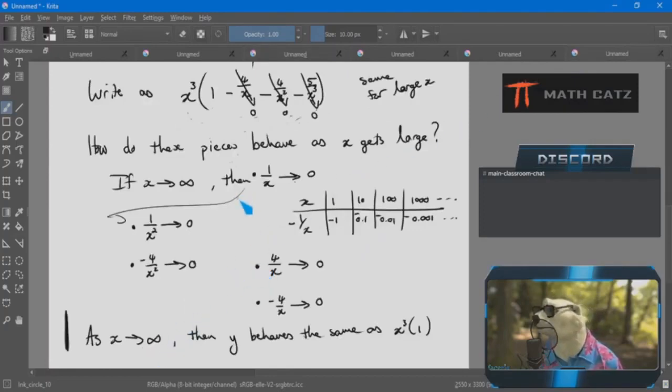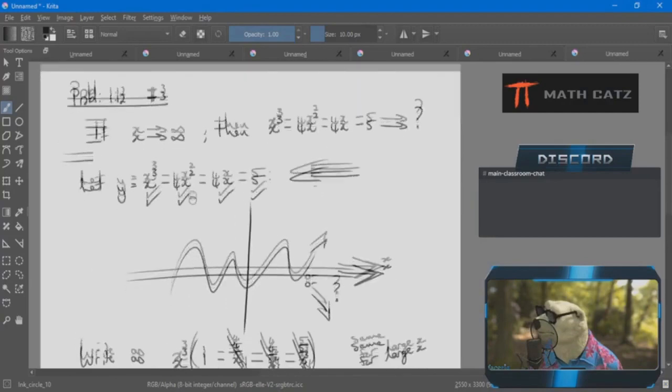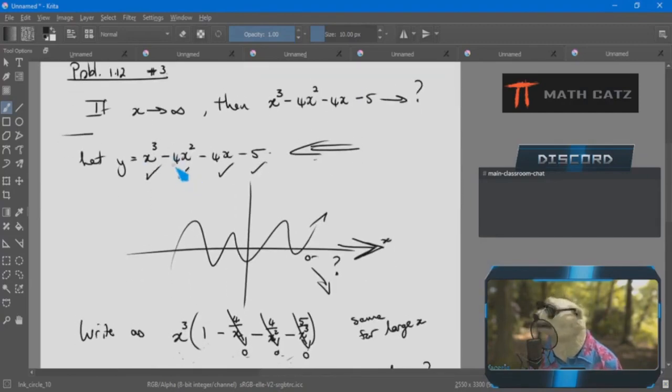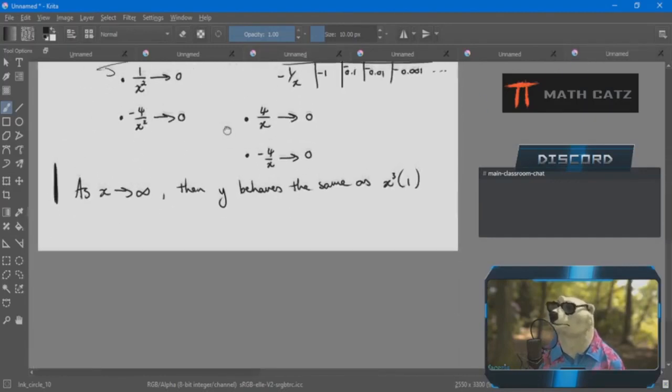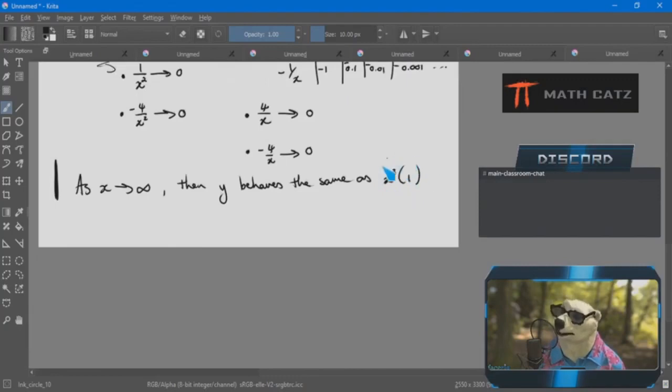So now what I've done is I've taken a complicated function, the one up here, x cubed minus 4x squared minus 4x minus 5, with ups and downs and all kinds of stuff. And if I'm asking for the long-term behavior, the long-term behavior is the same as x cubed. And because that is a basic function, I know what that does. It is just x cubed, and x cubed gets bigger and bigger as x gets bigger and bigger.